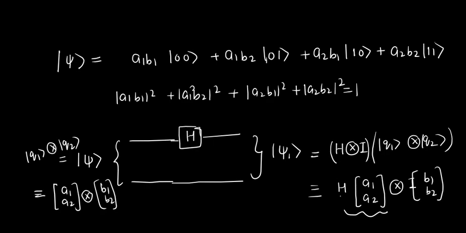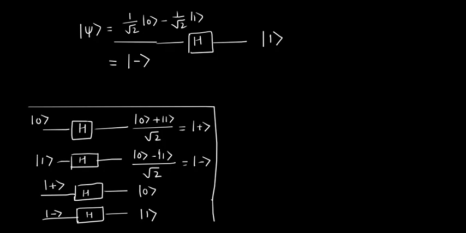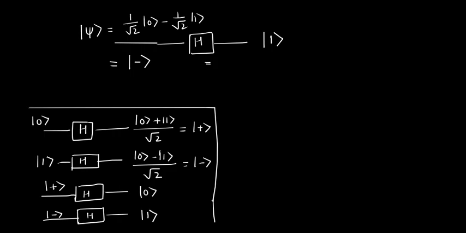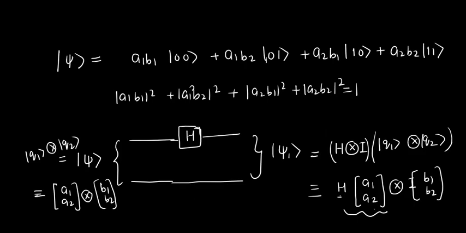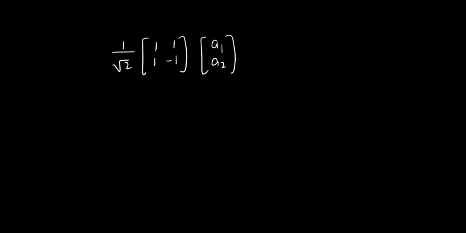What would be this value? You apply H over A1 A2, so you have to write H in the form of a matrix because you have written it in the form of a column vector, right? I have already told you how to analyze the output of an H gate, right? So if you do it, 1 1 1 minus 1, A1 A2, B1 B2, and of course these bases are this.